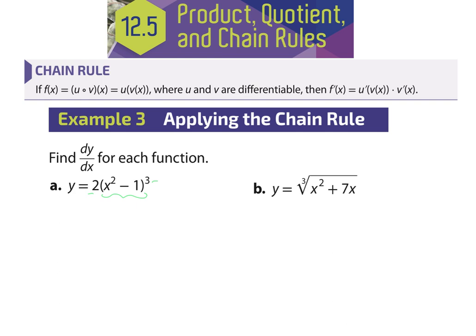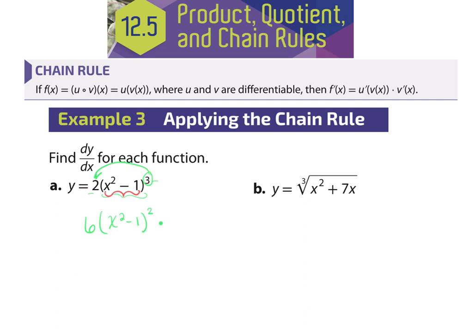Derivative of the outside would mean I'm going to apply my exponent rule. I'm going to take the exponent of this guy and multiply it in front. So I have 2 times 3, that gives me 6. Leave the inside alone. And my new exponent of the outside is going to be what? 2, right? Easy enough. And then I am going to multiply that by the derivative of that inside piece.